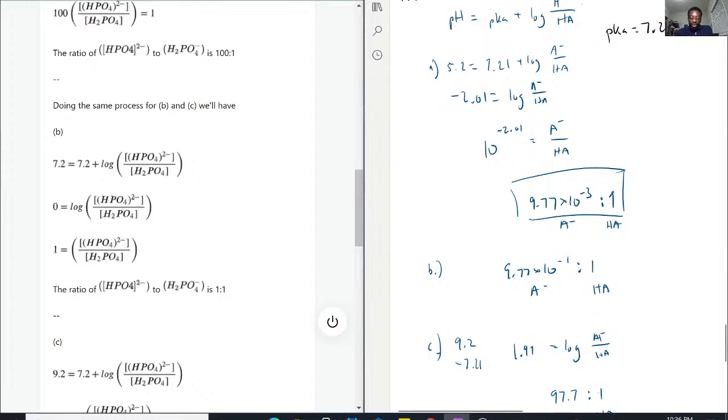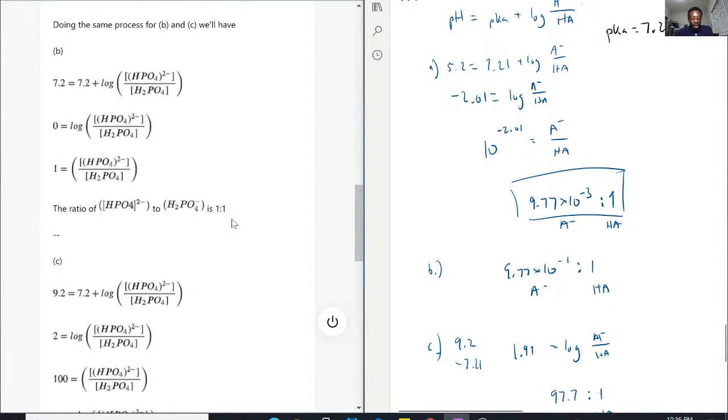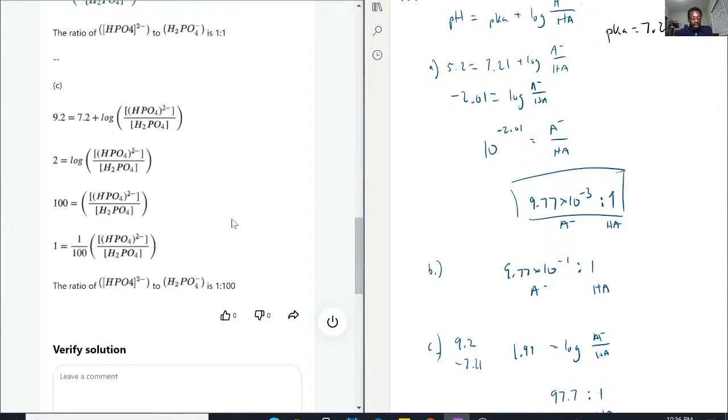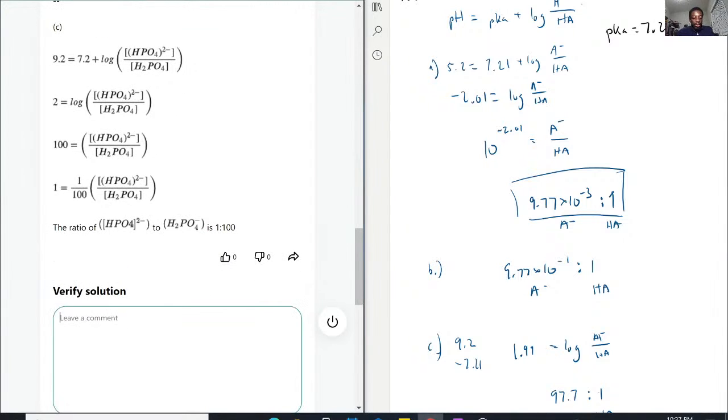The ratio luckily is 1 to 1 here, or at least close to it, which is what I got. And the ratio here, when you do that, would actually still be 100 to 1, because this is base to acid, not acid to base. And it only makes sense in a more basic solution for there to be more base than acid, okay? So that's why this is incorrect.